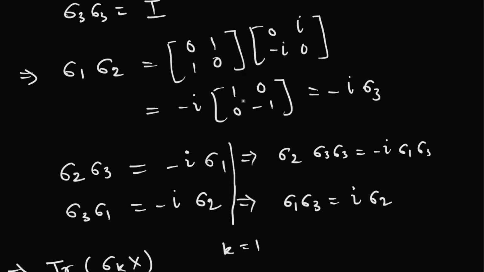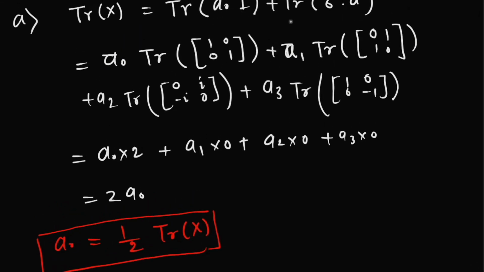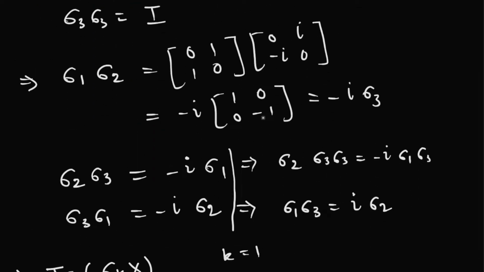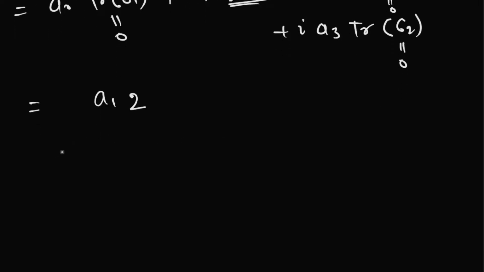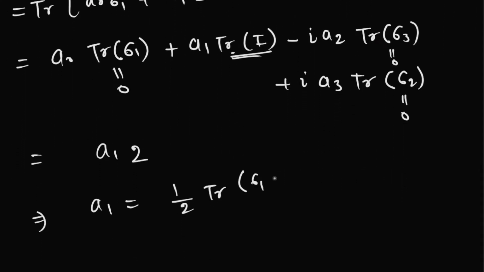As we have seen in the first part of the question, the trace of sigma 1, sigma 2 and sigma 3 is equal to 0. That means a1 trace of identity will be 2 and the others will be 0. Trace of sigma 2 is 0, trace of sigma 3 also equal to 0. That means a1 is equal to half of trace of sigma 1 into x.